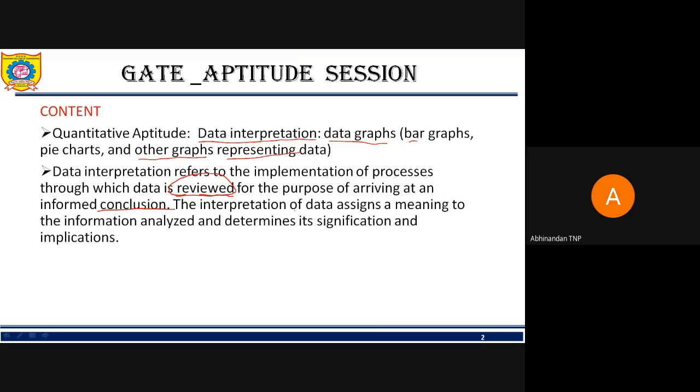The interpretation of the data assigns a meaning to the information analyzed and determines its signification and implication. So the data which is given to us, the information is analyzed and its signification and implication are determined. Okay, so this is what data interpretation is.